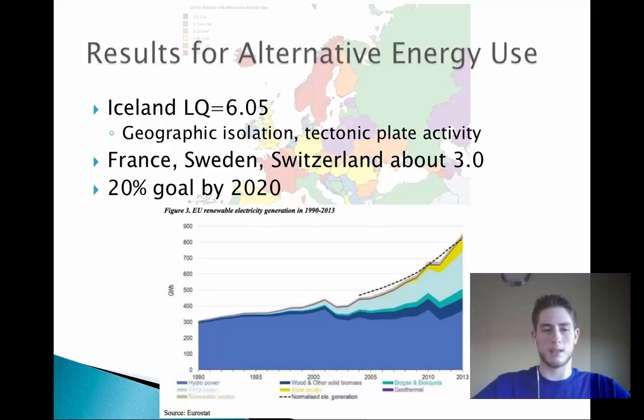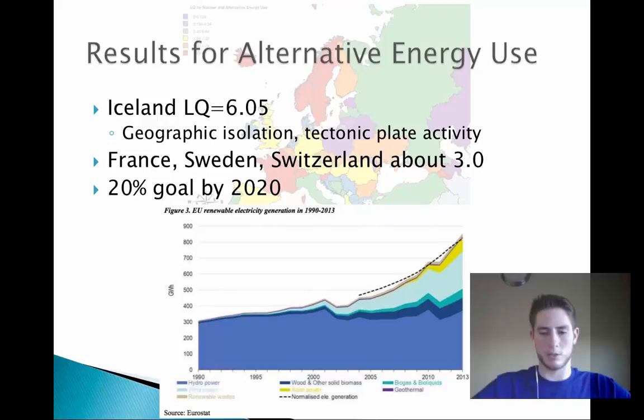And then the EU has put forth this initiative, and they have three 20% goals by 2020. I'll get into the other two later, but this first one, they want the EU as a whole to be 20% alternative and nuclear energy use of the whole energy production.